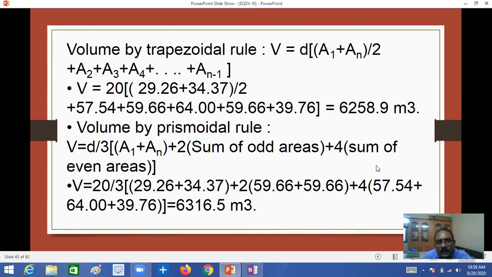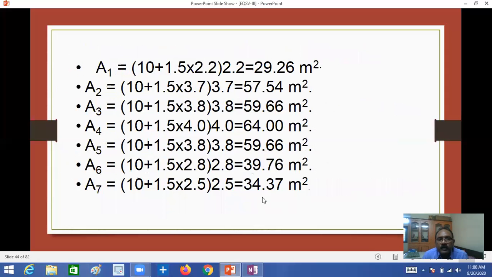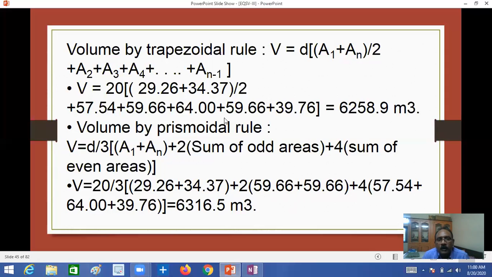If you calculate, you will get 6,316.5 cubic meters. In this way, we have to do the problem.